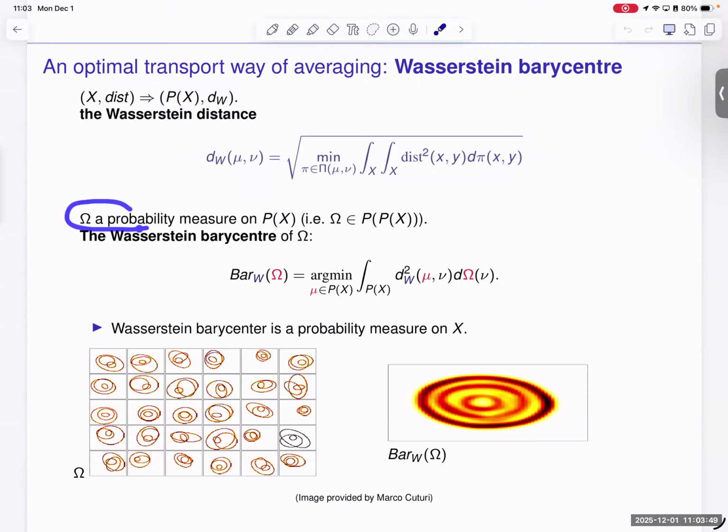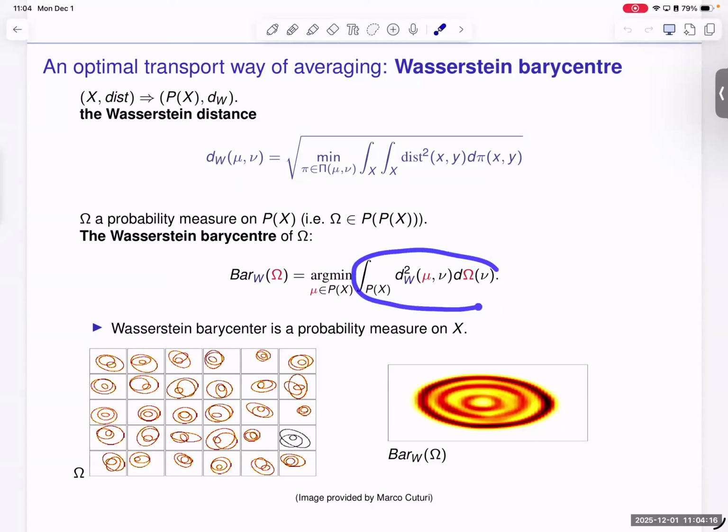Then for any distribution on that metric space, you can consider a barycenter, just a metric barycenter. So the Wasserstein barycenter over a given distribution, let's say omega, is nothing but the metric barycenter with respect to this Wasserstein metric. And the metric barycenter can be defined in this way.